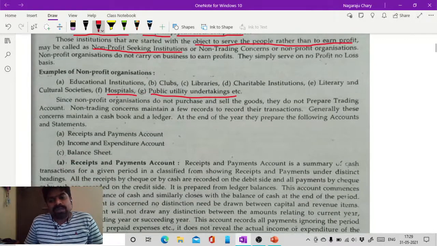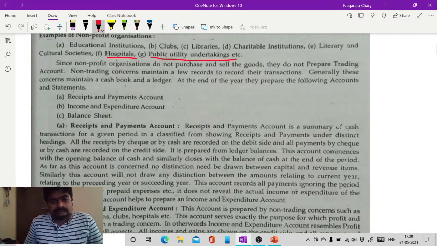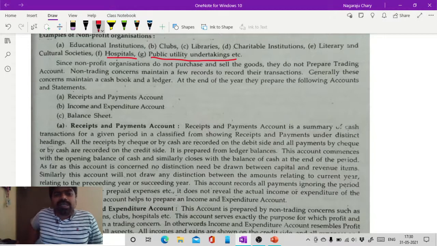In profit organizations, at the end of the year you have to prepare final accounts.